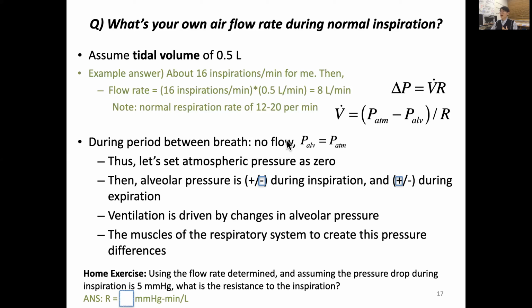So now we have determined our flow rate, and assuming the pressure drop during inspiration is about 5 mmHg, so delta P is 5 mmHg, and we define the flow rate, then we can also calculate the resistance. If you do the math, you'll find 0.4 mmHg times minute per liter. That unit is very important.